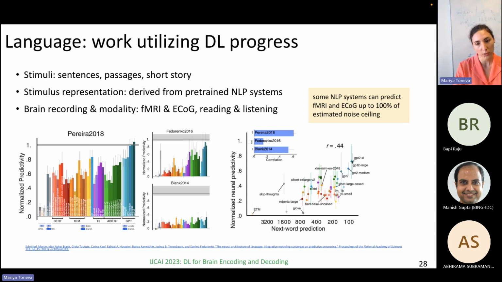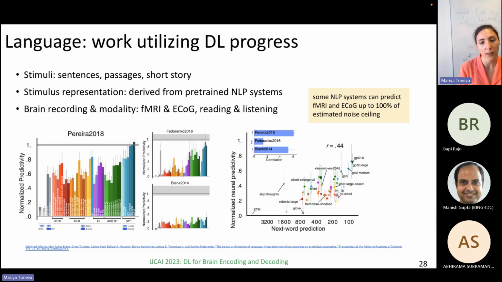Additionally, this work was able to estimate how much of particular brain activity in some region should be explained. So they estimated the explainable amount of variance in a particular brain region.